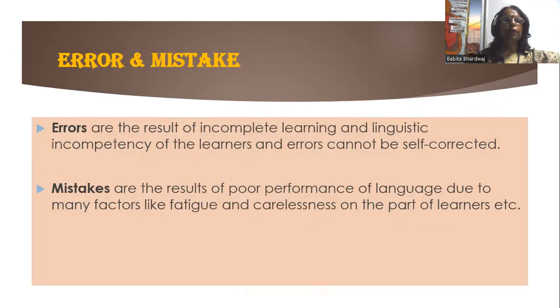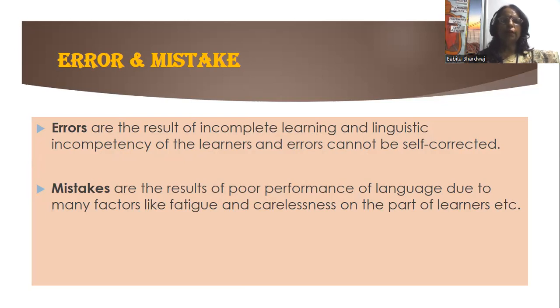Now, before discussing common errors in the English language, let us try to understand the difference between errors and mistakes. Errors are the result of incomplete learning and linguistic competency of the learners, and errors cannot be self-corrected.